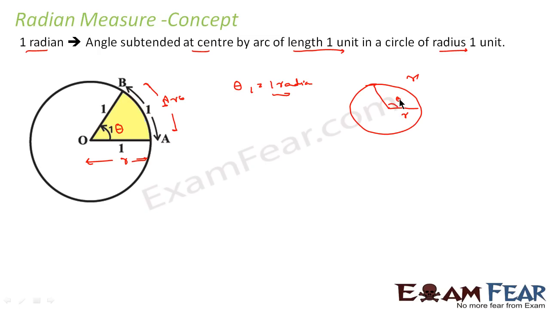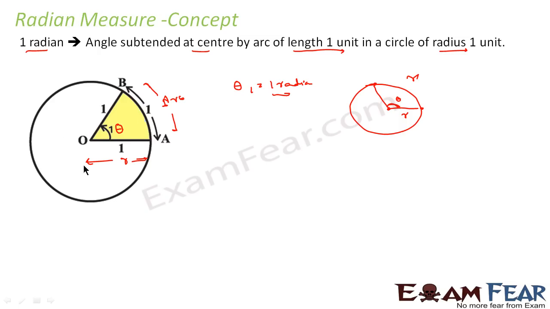Whatever angle you get is a radian. So it can be either 1 and 1 or r and r. If you take any circle of radius r, and an arc of the same length r, then whatever angle you get by joining the two endpoints of the arc to the center is called 1 radian.